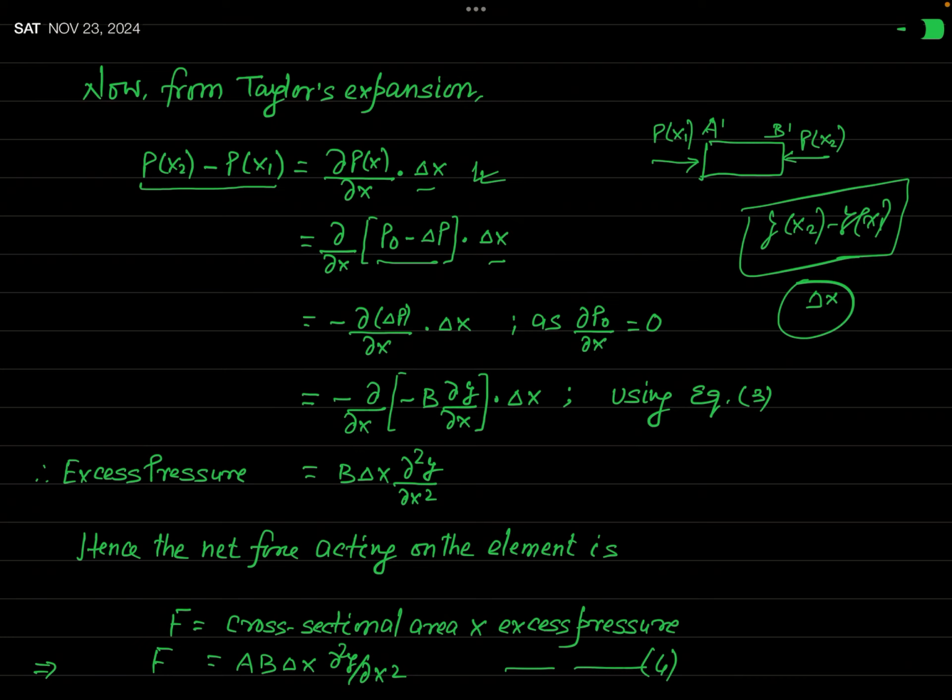But P naught is the equilibrium pressure acting on the end A, which is just equal to atmospheric pressure in our present situation. So it is constant, and therefore del P naught by del x will be 0. And if it is 0, our expression is minus del by del x of delta P times delta x.